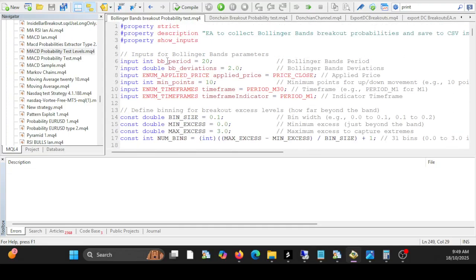All it does is give you the Bollinger Band inputs like the period, deviation, and so on. It's got the minimum points, so that's how far up and down it checks to see if it's going to win or lose the trade. Then the time period of how often it checks, and the time period of the bands themselves, the indicator.